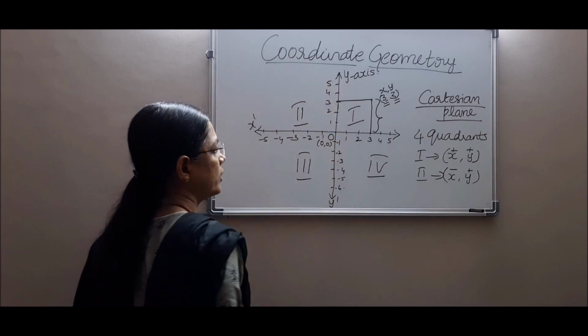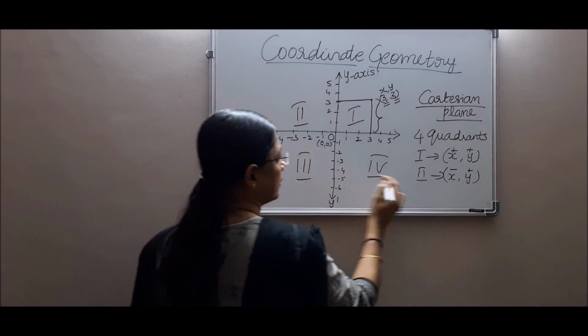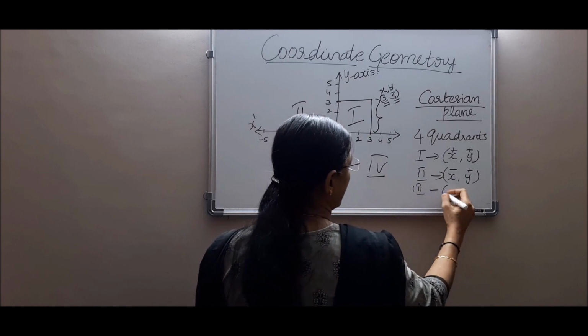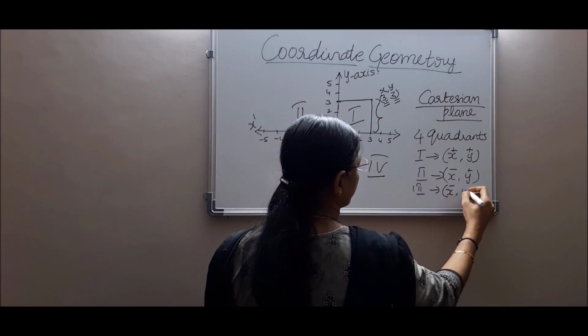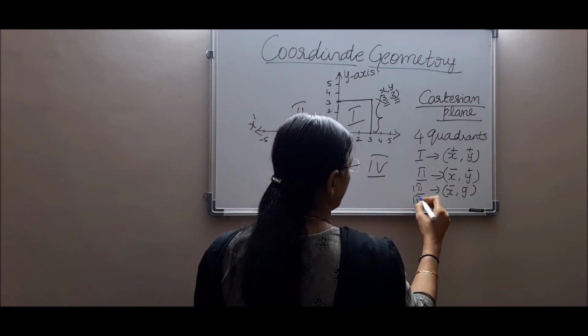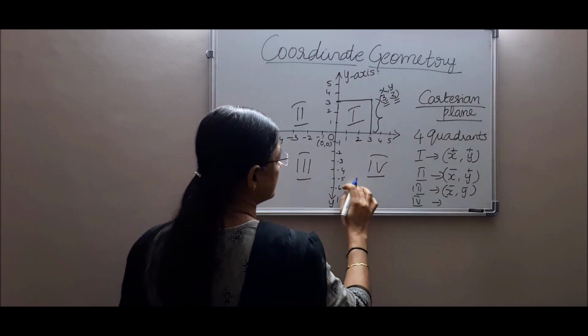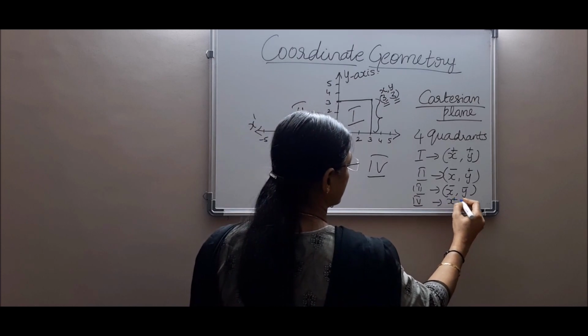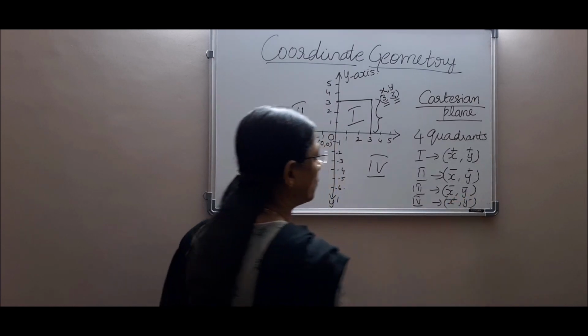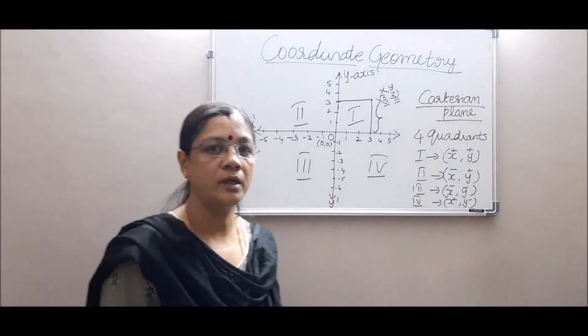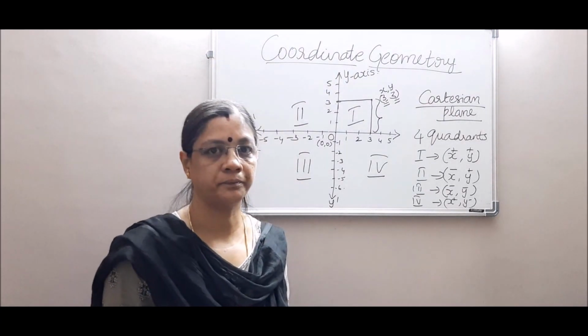So x is negative and y is positive. In the third quadrant, you have both x and y as negative. And in the fourth quadrant, you have x positive and y negative. So this is how we represent points in all the 4 quadrants.